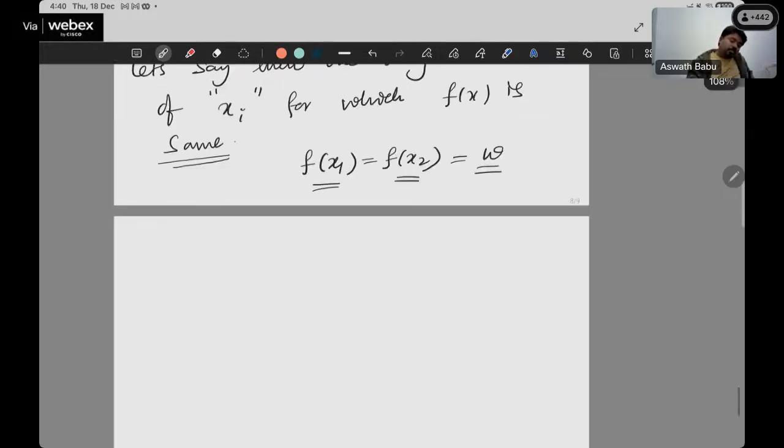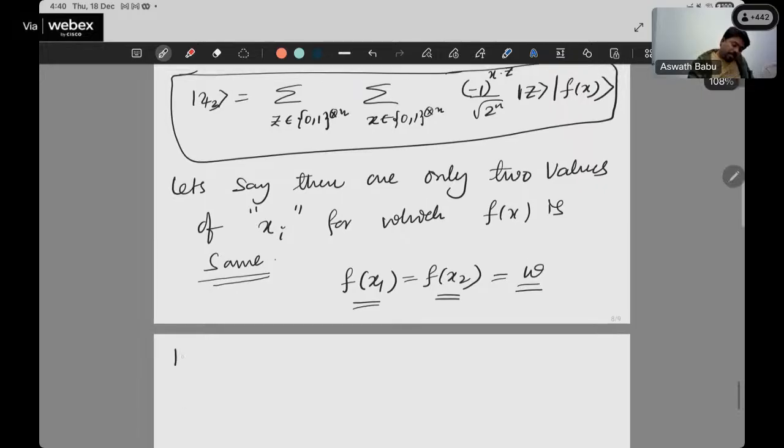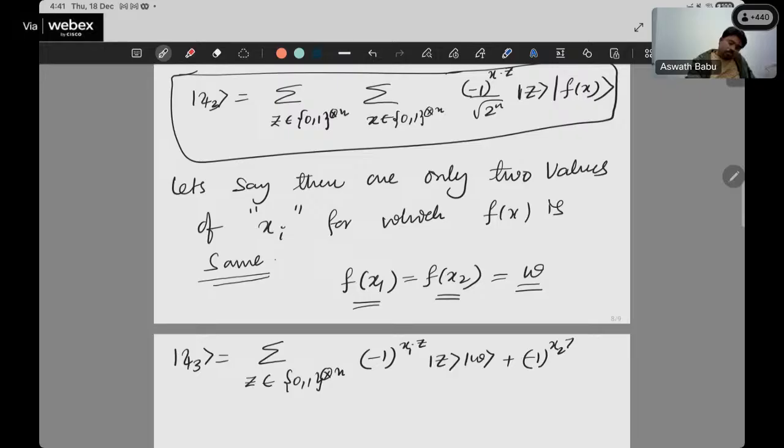So in that case, psi 3 will be: the summation over x disappears because only two values are common. So z belongs to {0,1}^n, minus 1 to the power of x1 into z, with the value z w, plus minus 1 to the power of x2 z, z w.